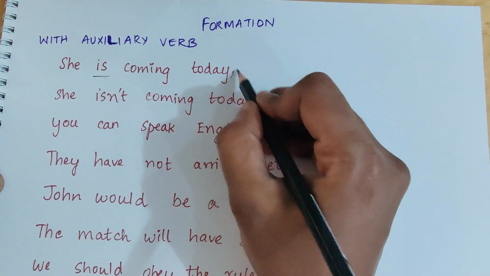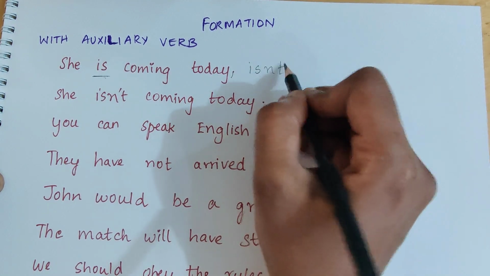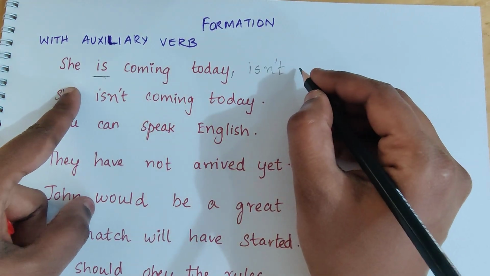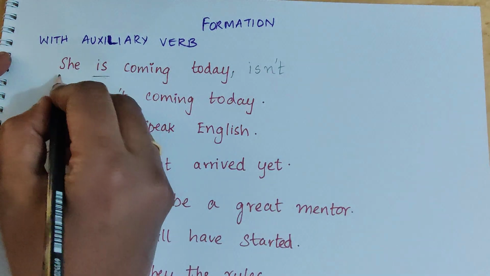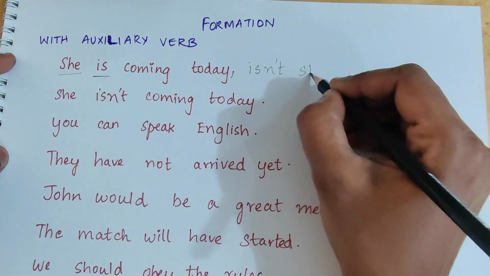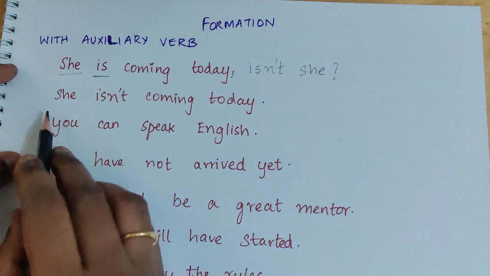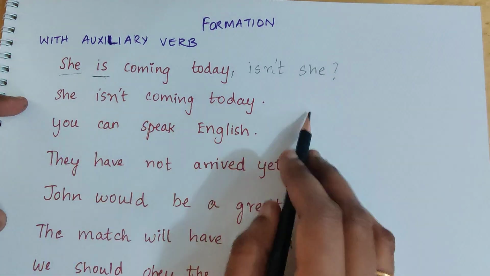So we put a comma, then the contraction for is: isn't. What will come next? Pronoun. We have to look for the pronoun in the sentence. It is she. And a question mark.